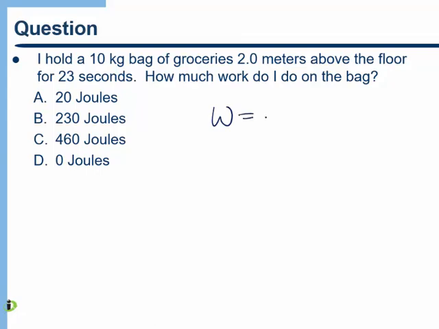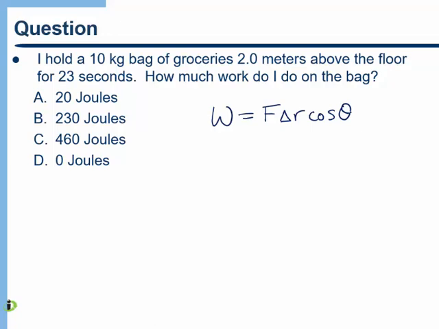We know that work is equal to F delta r cosine theta. Here's the key thing about work. It's not enough to have to exert a force. You have to exert the force through a displacement. And in this case, you'll notice the bag of groceries is not moving. We're just holding it. Now, it might feel like you're doing work because your muscles are working to hold that bag up.